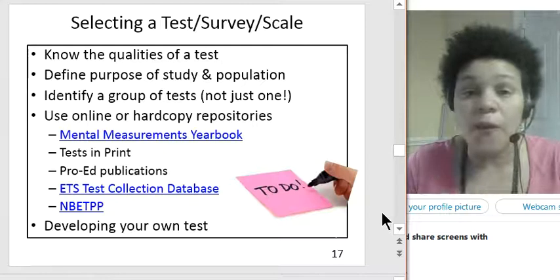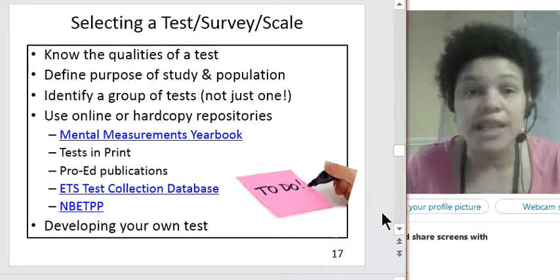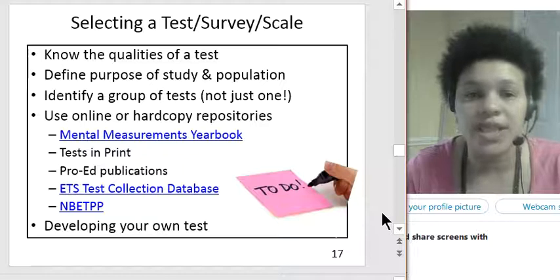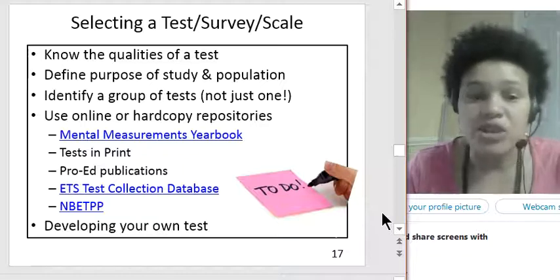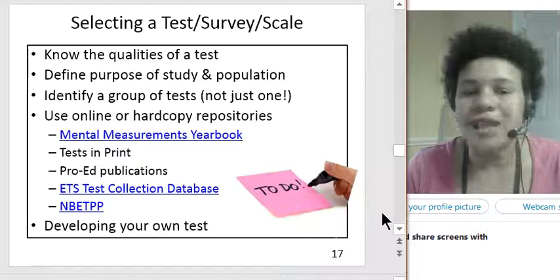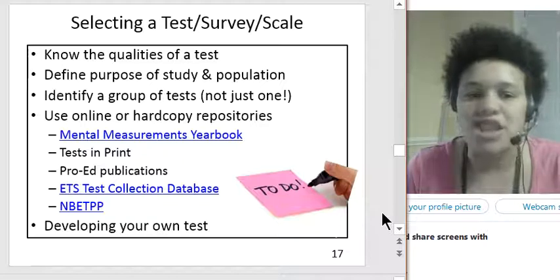If you're doing your own study, there are online and hard copy repositories of different tests, like the Mental Measurements Yearbook or Tests in Print, that you can find in certain pro-ed publications.